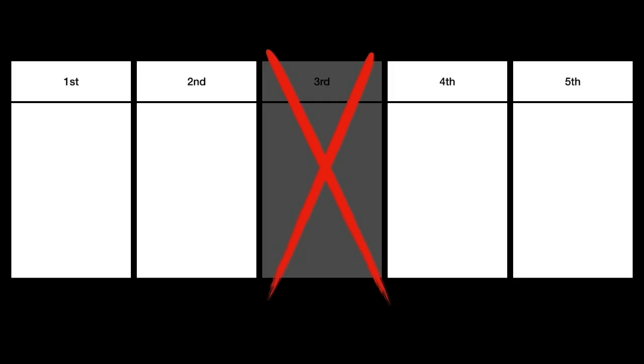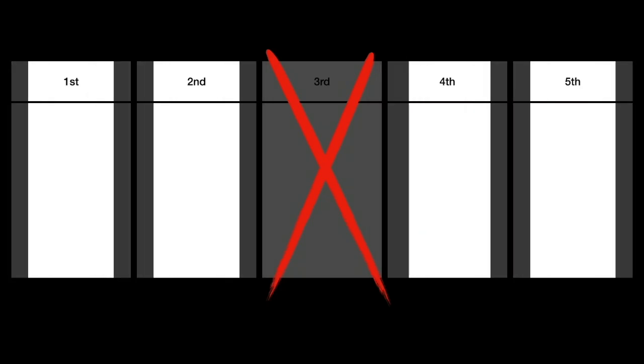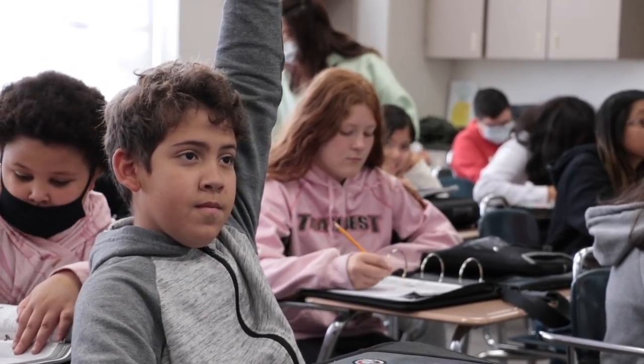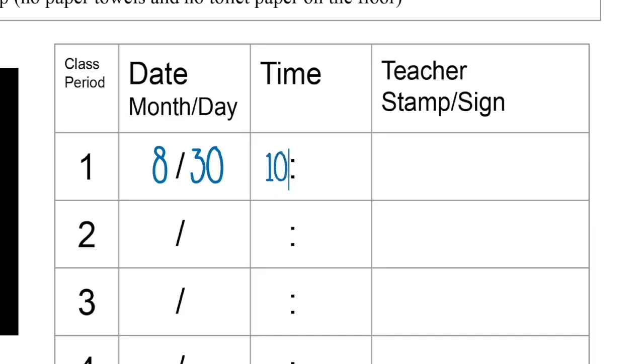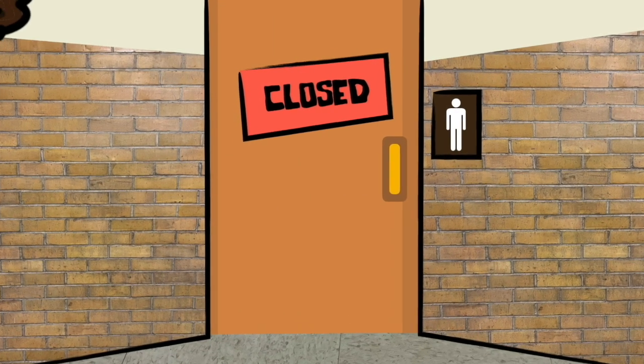There should also not be any hall passes used during the first 10 minutes or last 10 minutes of class. But after the first 10 minutes and before the last 10 minutes, if it's not third period, you can talk to your teacher and ask to use a hall pass. If the teacher says okay, mark down the date and the time, and the teacher will sign or stamp your planner. Please be aware that bathrooms will be closed for the first 10 minutes of class.